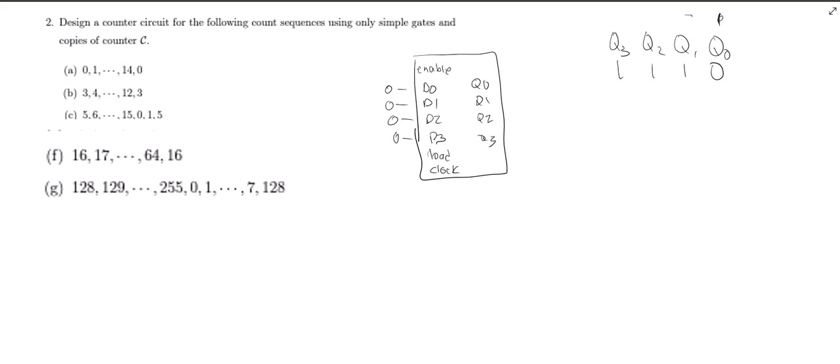This is the 1's place, the 2's place, the 4's place, the 8's place. 8 plus 4 plus 2 is 14. So we want to detect when we have 1's in those 3 places. And when we have 1's in those 3 places, that will detect 14, and it'll reload and go back to 0.